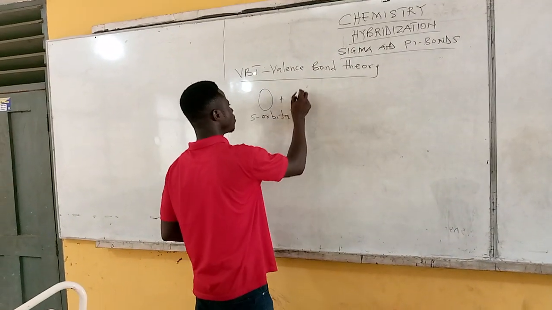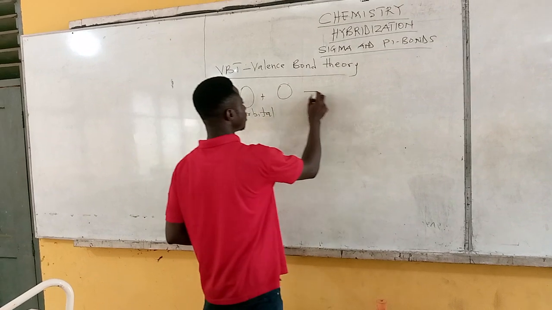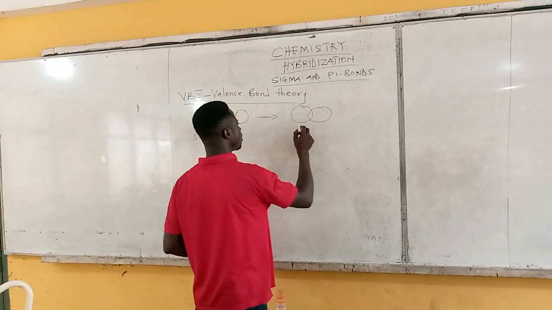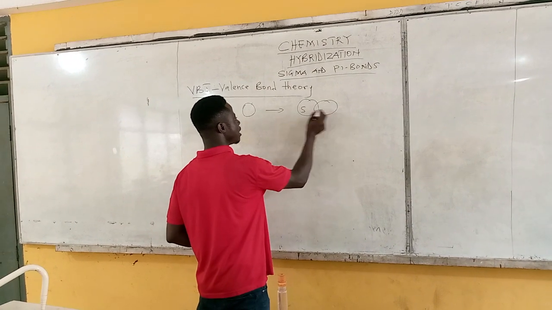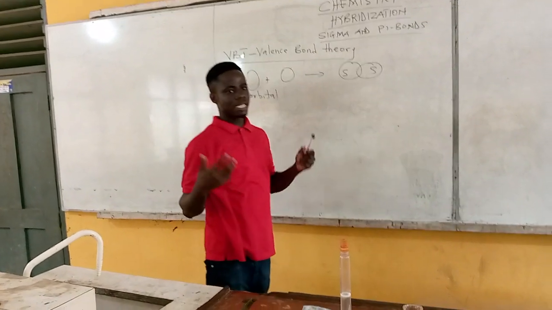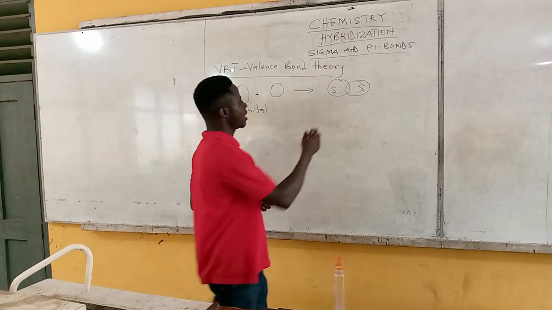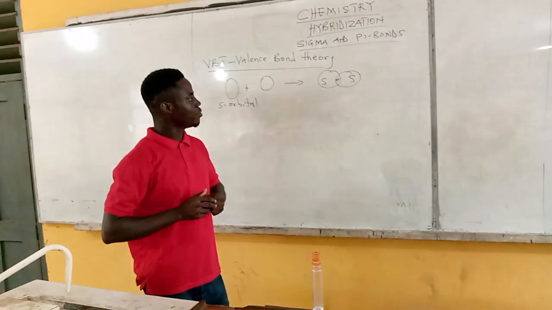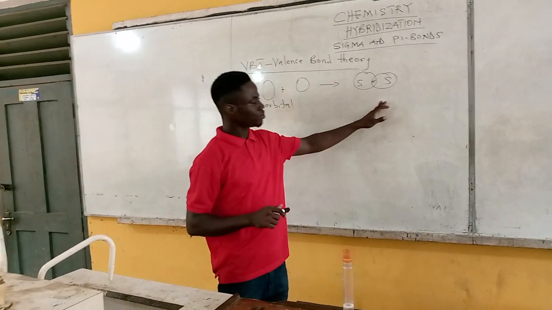I mix this s orbital with another s orbital. These two orbitals have been able to meet to form a bond which we refer to as a sigma bond.